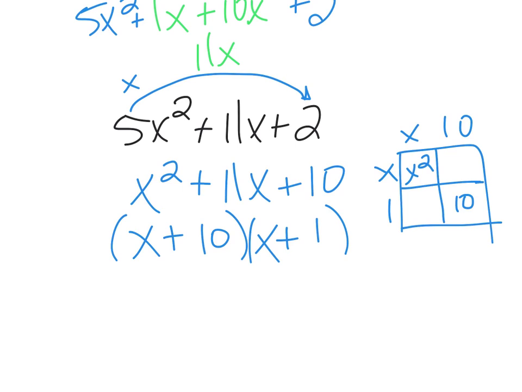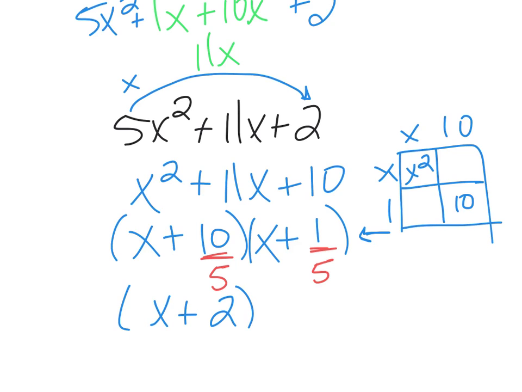All right, so we're not done though, because that does not give you 5x squared plus 11x plus 2. This here gives you x squared plus 11x plus 10. So since I multiplied by 5, just the constant, I'm now going to divide by 5, just the constant. And then I'm going to simplify it so I don't have fractions. So lucky for us, that divides evenly.